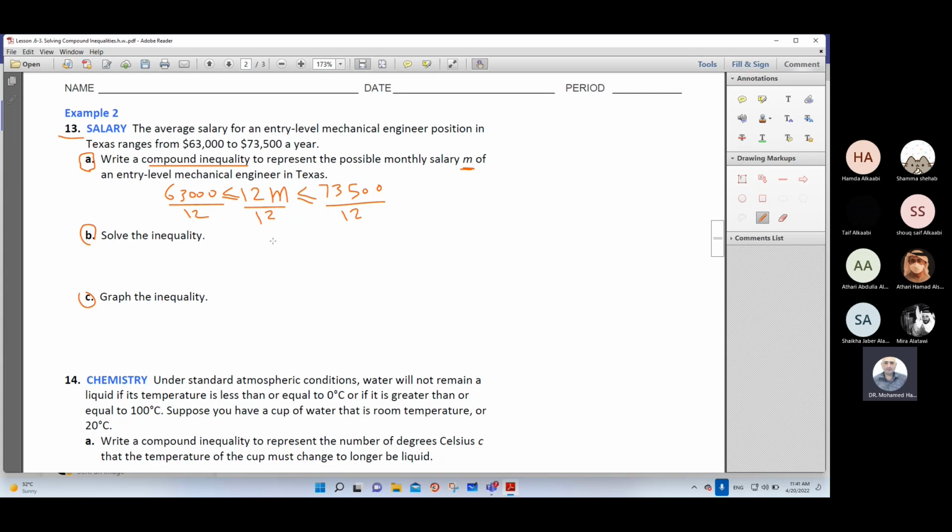So 12m divided by 12 would be m, less than or equal to 73,500 divided by 12, which is 6,125, and here 63,000 divided by 12 will be 5,250.